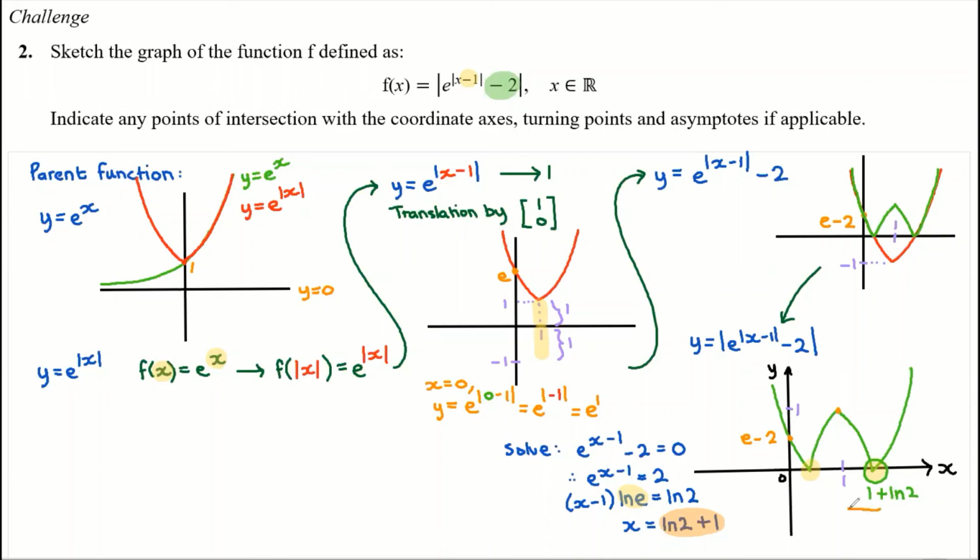So that distance there is just log 2. Okay, which means that all I have to do is subtract log 2 from 1, and then I've got my second root without doing any more fancy equation solving. So this root here, which I'm running out of space for, is going to be 1 minus log 2, because the distance is still going to be log 2 because of the symmetry.